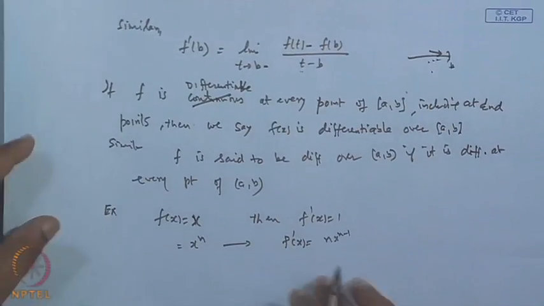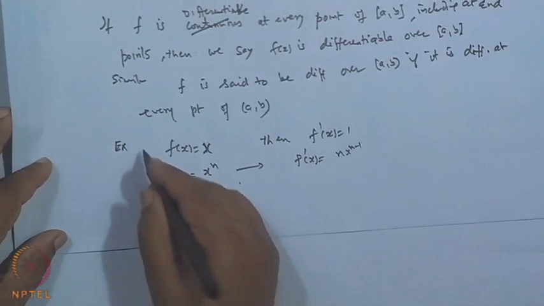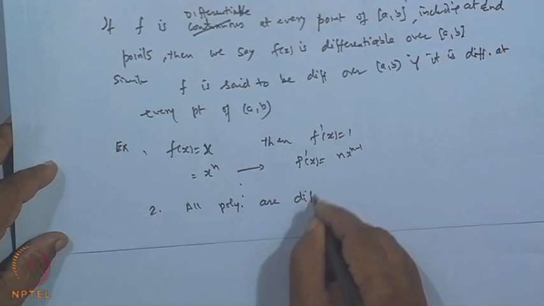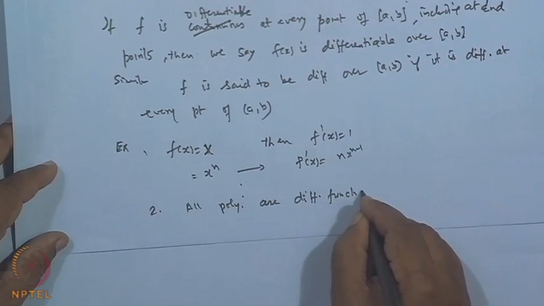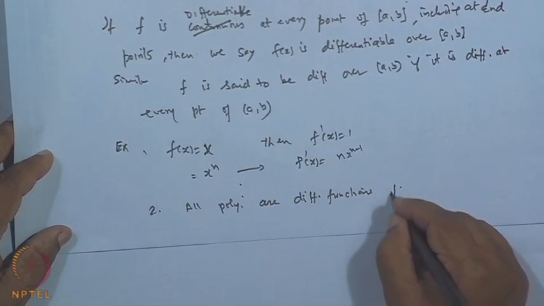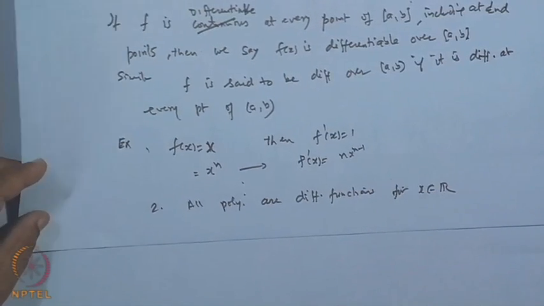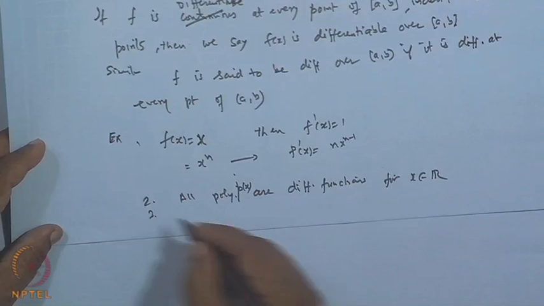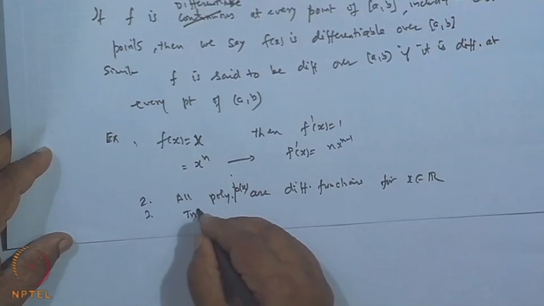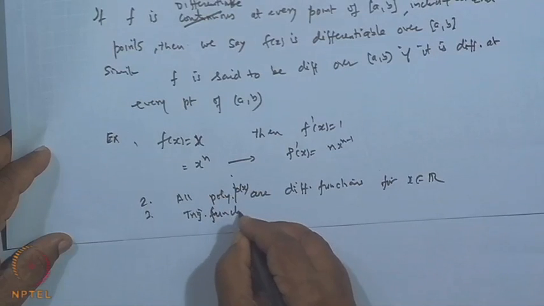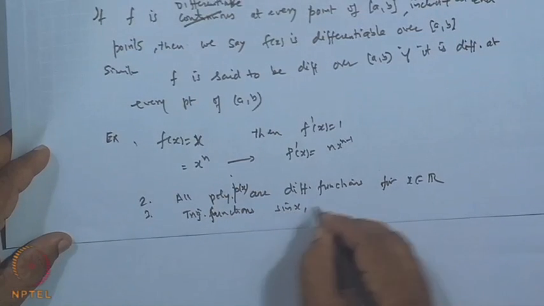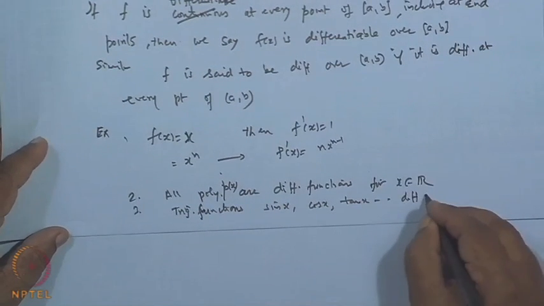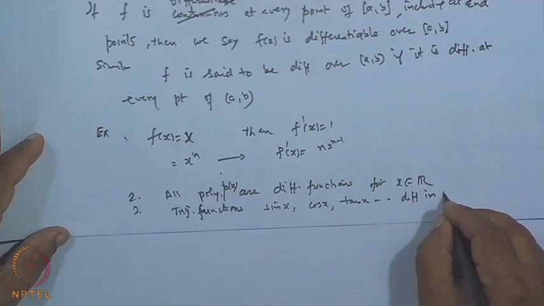So, all polynomials p(x) are differentiable functions for each x belonging to R. Then trigonometric functions like sin x, cos x, tan x are all differentiable in their domains.